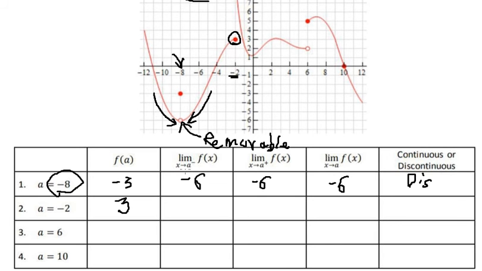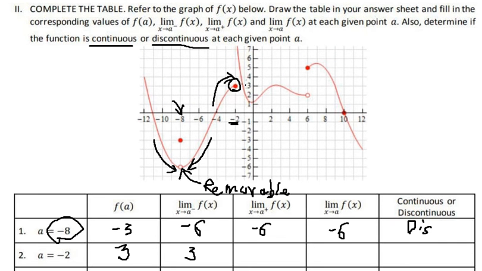As a approaches from the negative side, they will go this way. When they go from the negative, they approach 3, and let's see the value 3 in here. As a approaches from the positive side, here is the positive side, and they go up.